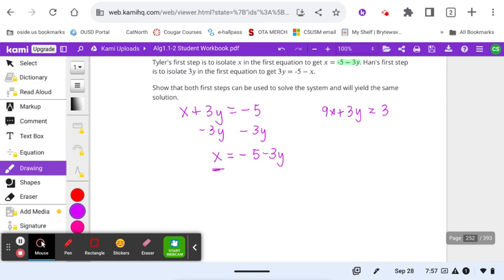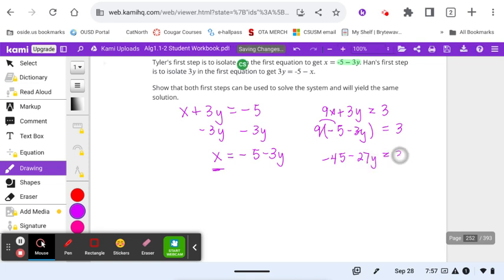We're going to take what we got for x, we're going to distribute, and then we're going to add the constant. We're going to get -27 equals 48.